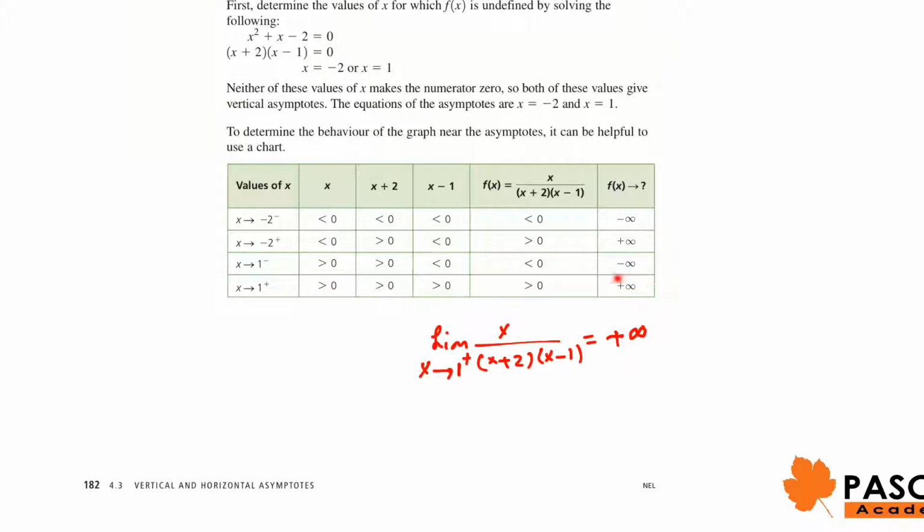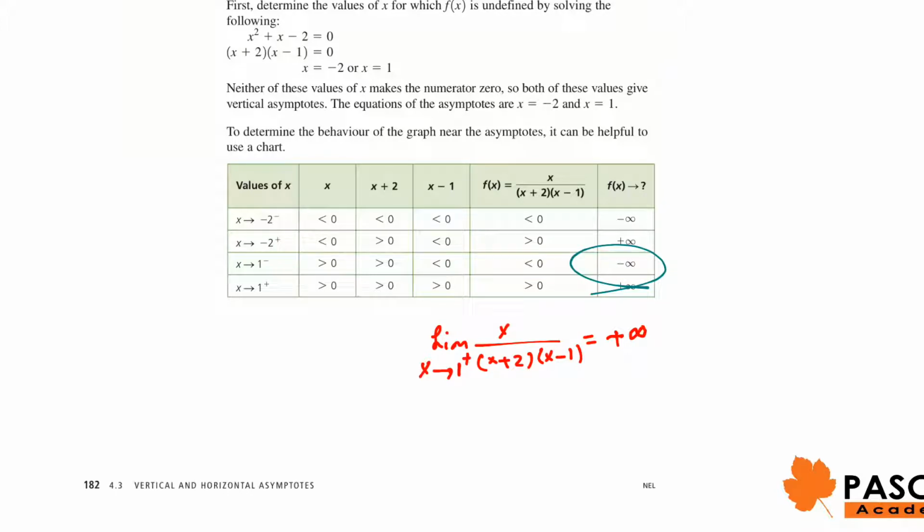In this chart, we see the limit of f of x as x approaches 1 from the left side is negative infinity. When x approaches 1 from the negative side, x is positive, x plus 2 is positive, and x minus 1 is negative because x is smaller than 1. This means f of x is negative, therefore the limit is negative infinity.